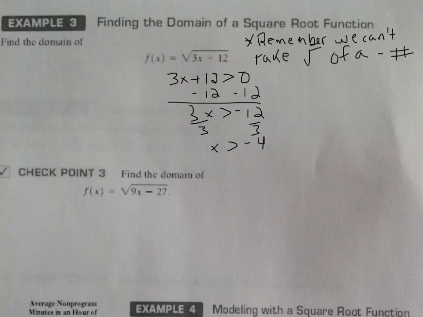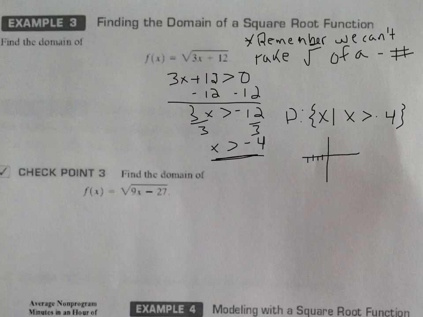And so my domain is, with the fancy brackets again, x bar, and this is what I use for my domain: x is greater than negative 4. So any number that I use that's bigger than negative 4 is going to work. Now, how that looks in a graph, since we did graphing last time, it would be a square root graph that starts at negative 4 and goes up and that way.